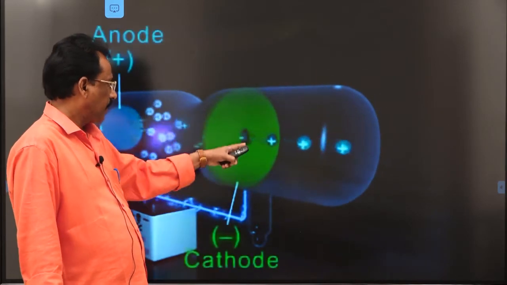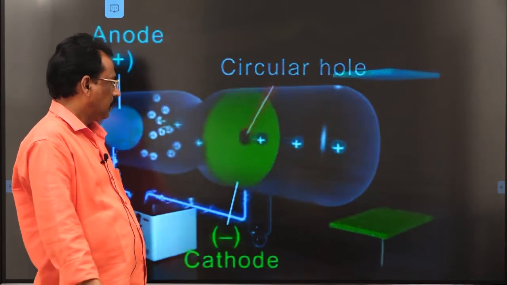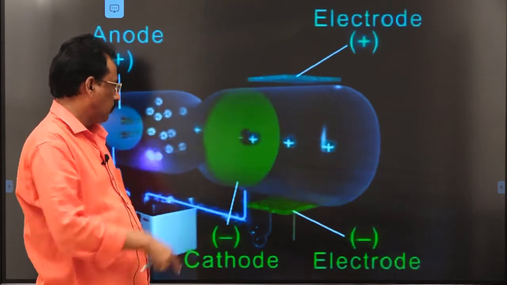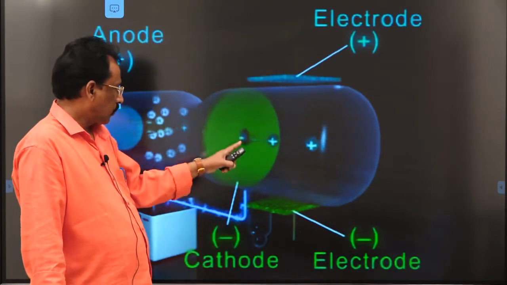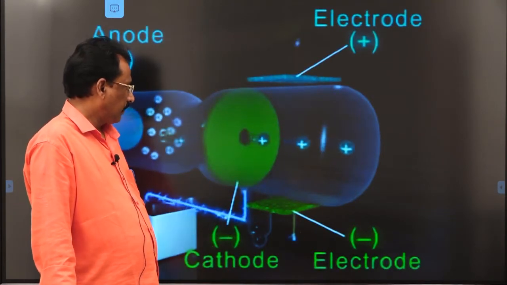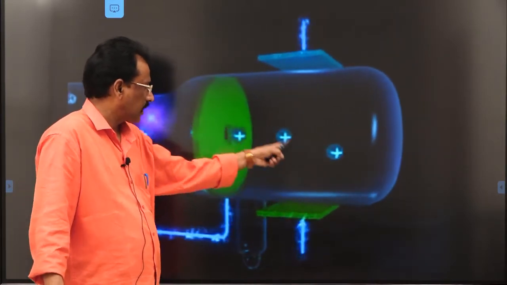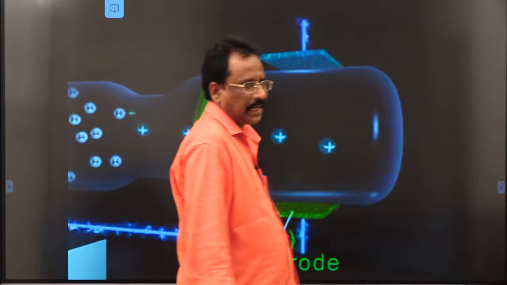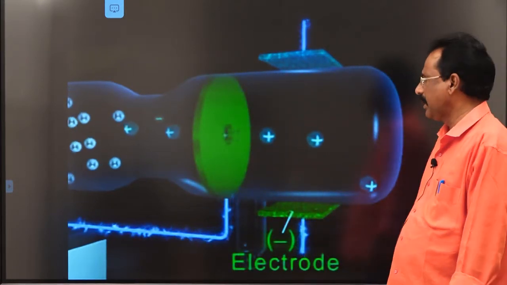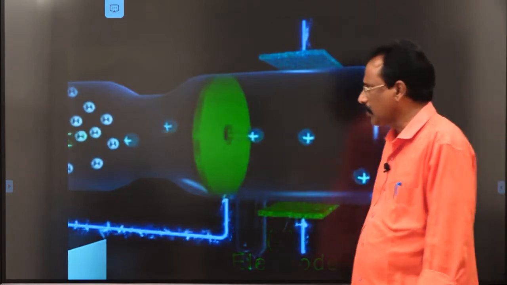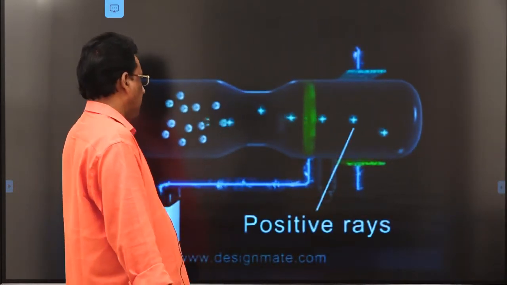See here, in the absence of the field, they directly struck the glass tube, but in the presence of the electrical field, they show some rate of deflection. Like cathode rays, anode rays also show deflection because positive rays consist of positively charged particles.